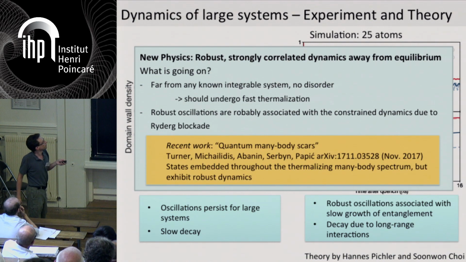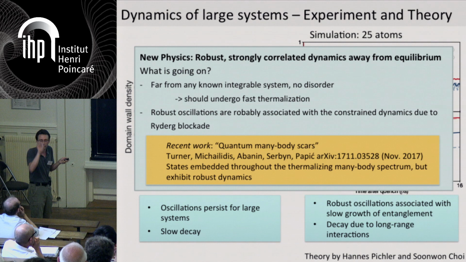And there was a theory paper published a few months after ours, which attributed this to quantum many-body scars, as they say, which are kind of some states which are embedded throughout the many-body spectrum, which is thermalizing, but only these states exhibit some robust dynamics.